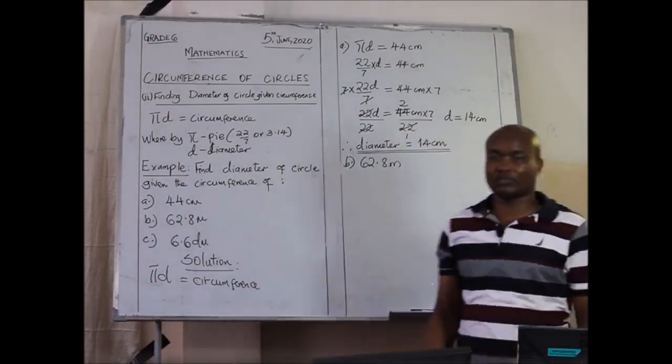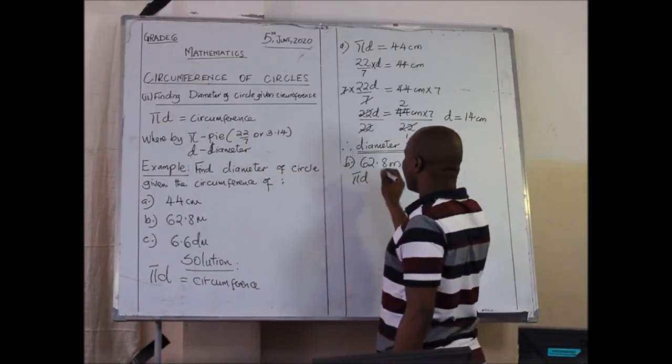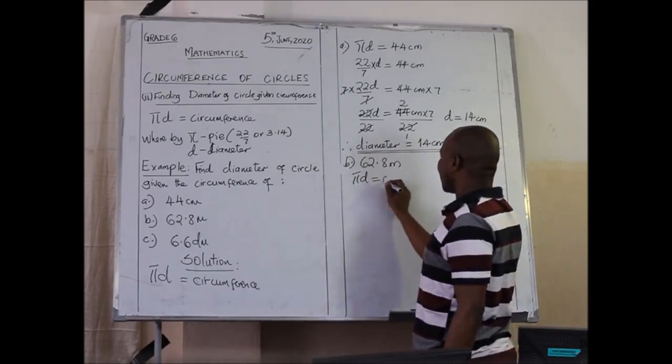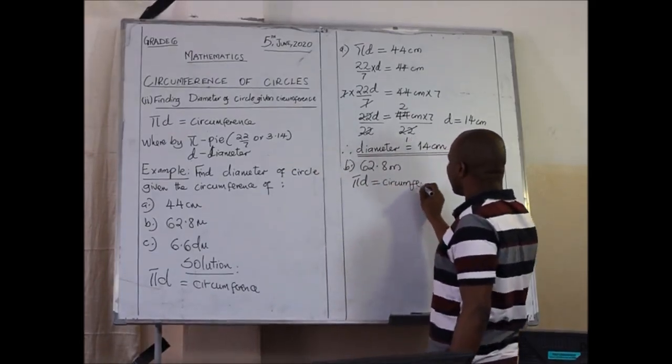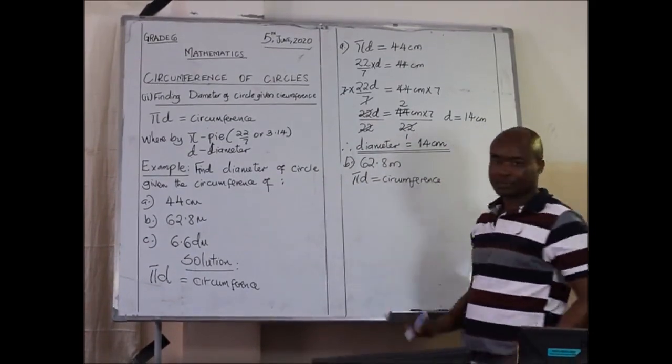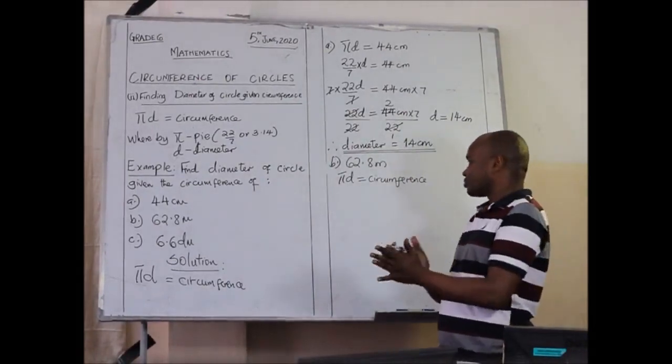We start afresh from the formula. Pi d is equal to circumference.